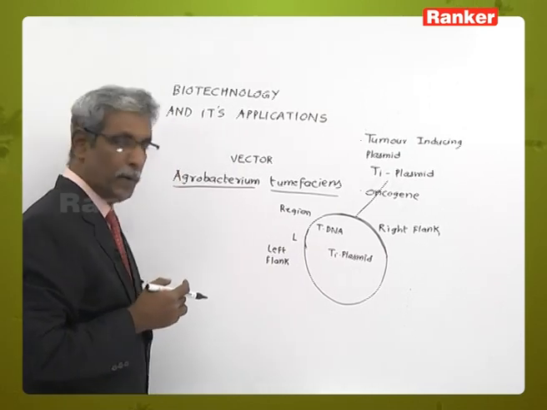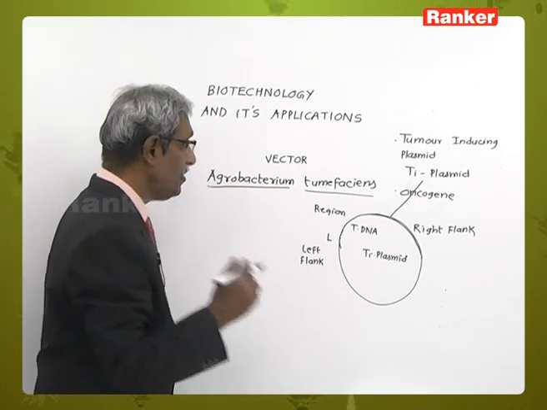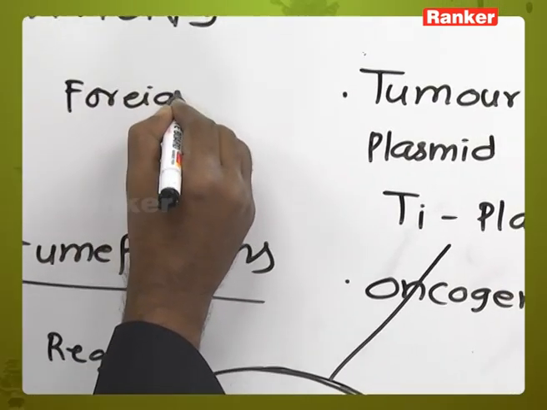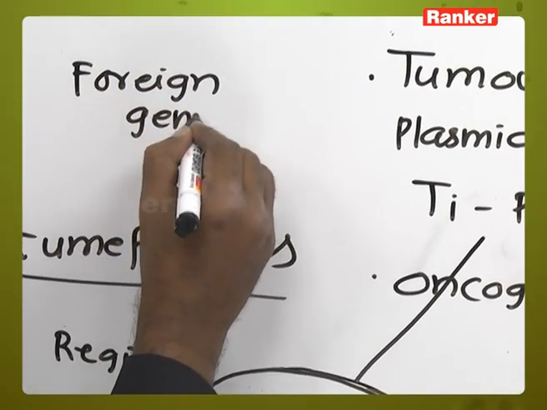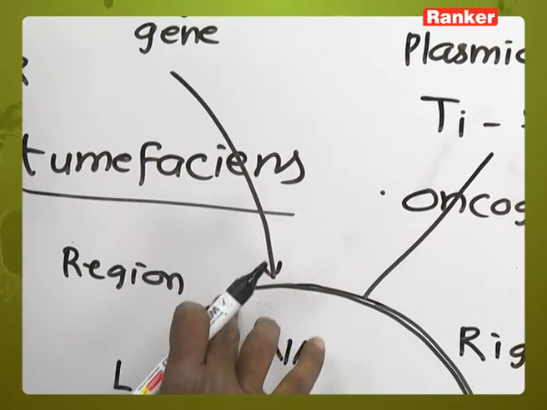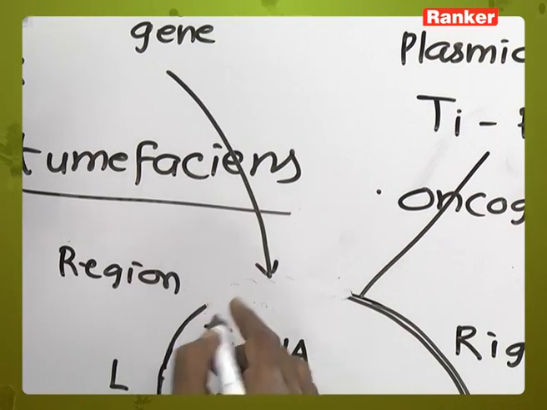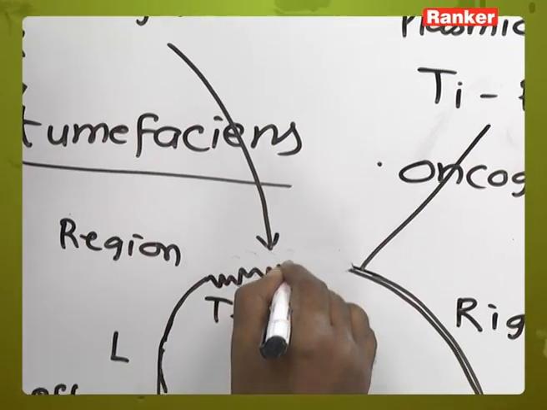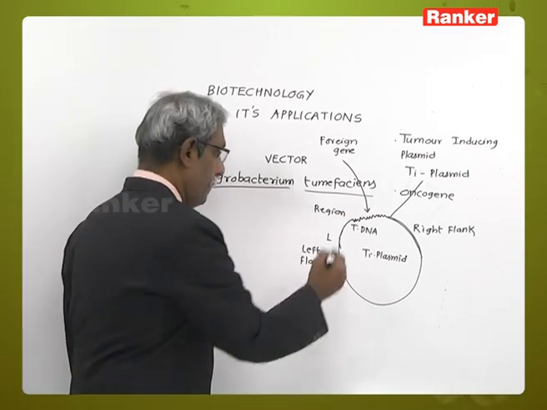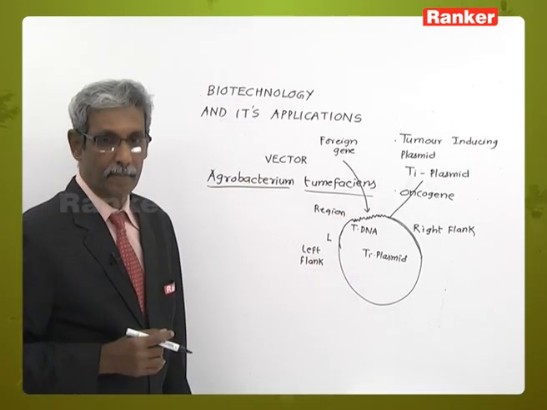The advantage over here is that your foreign gene of interest can naturally be inserted between the left flank and the right flank.